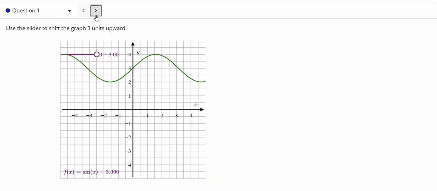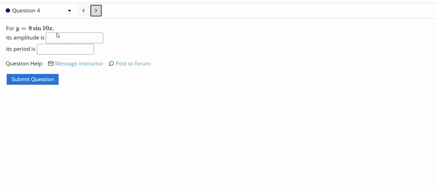So I won't go into the other ones, but these are just the same thing, but with the other parts of the equation. Now, let's do this one because I think period is going to be the harder part here. So first off, it says it's amplitude. So if I'm looking at this equation and I'm comparing it to our formula, y is equal to a sine bx minus c plus d, right?